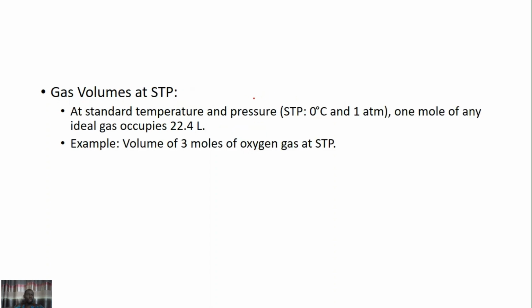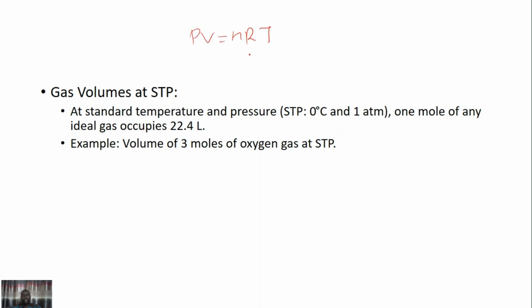You can also, sometimes, calculate the volume of a gas at standard temperature and pressure. You may be given the mole of a gas at standard temperature and pressure, and you'll be asked to calculate the volume of that gas. From the ideal gas equation, PV is equal to nRT.